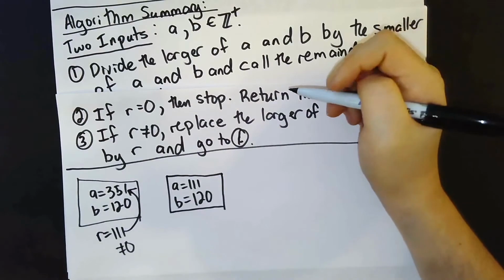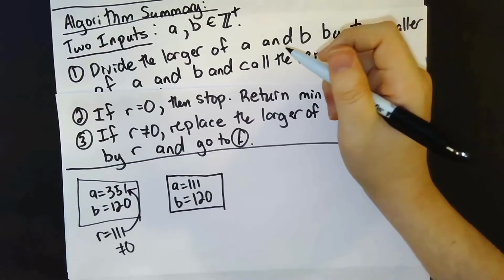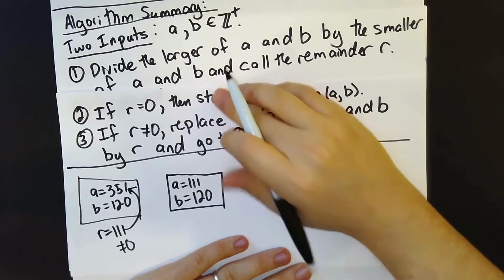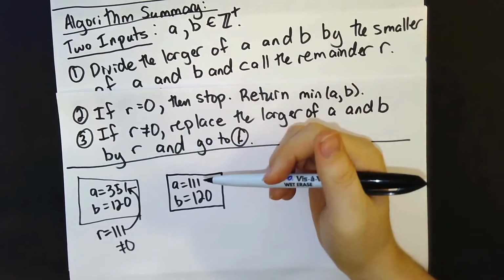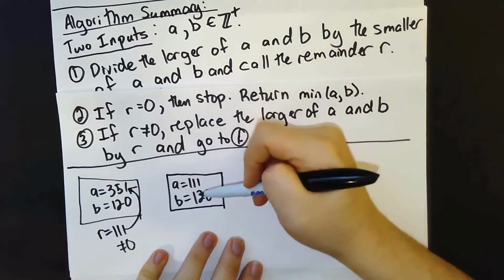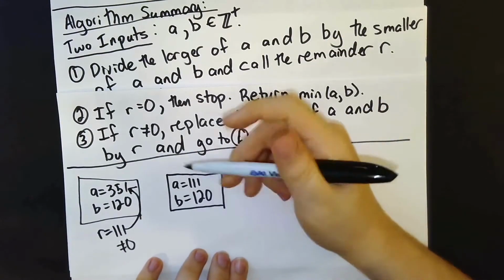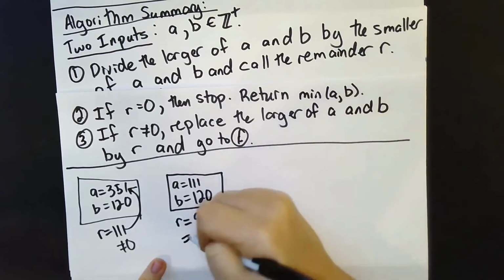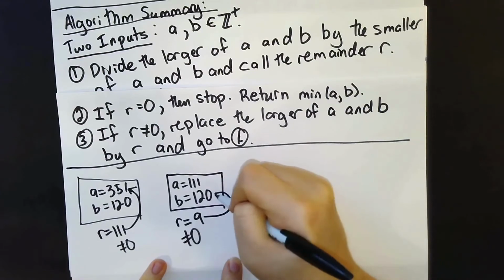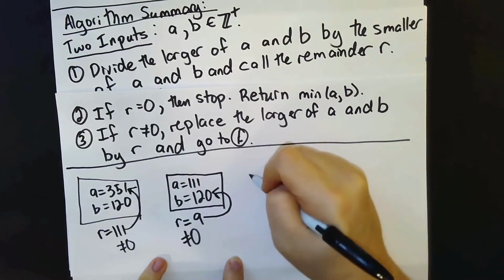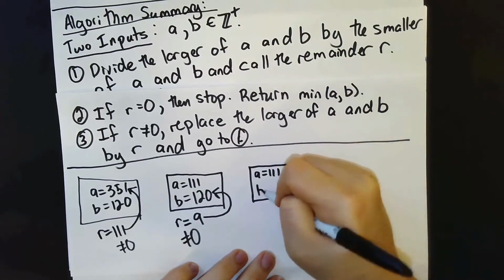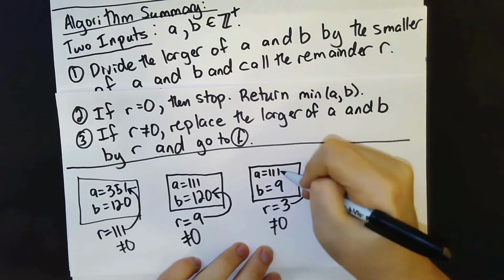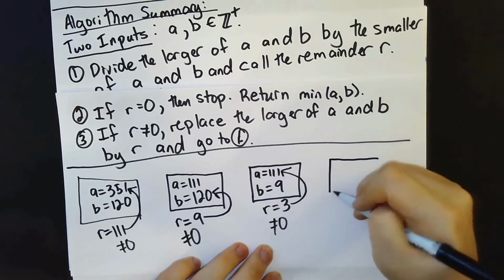And so what's really going on here, if you like the computer terminology, is a recursive algorithm. I'm just outputting something that I'm going to input back into the same algorithm until I'm done. So we look at 120 divided by 111 now, and we calculate the remainder, and that remainder is 9. 9 is not 0, so we put in the 9 for the 120, and then we do it again. The computer calculates now that the remainder is 3, still not 0, so the computer puts in the 3 for the 111.